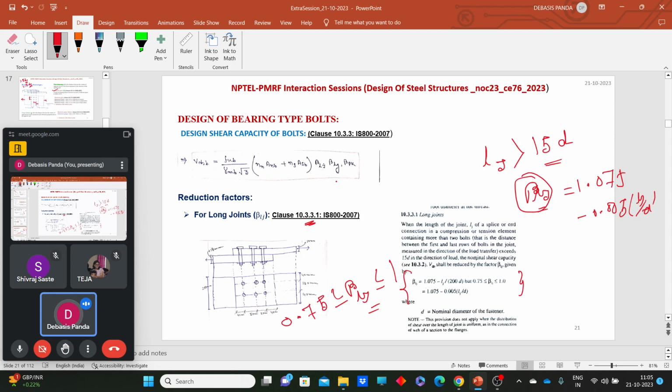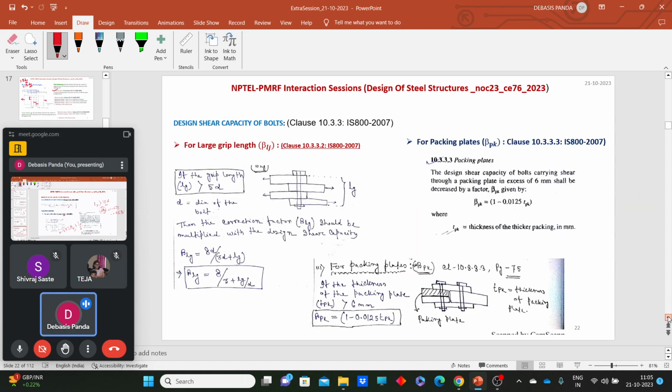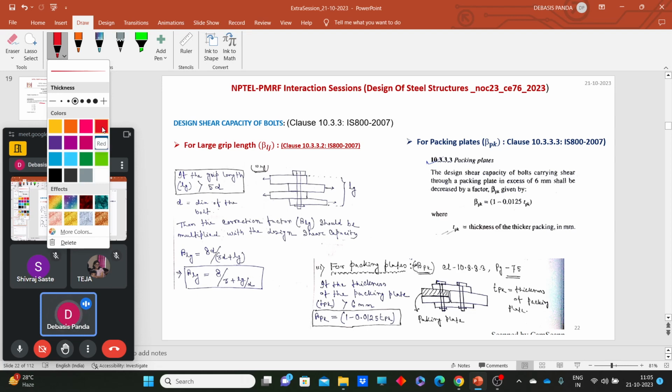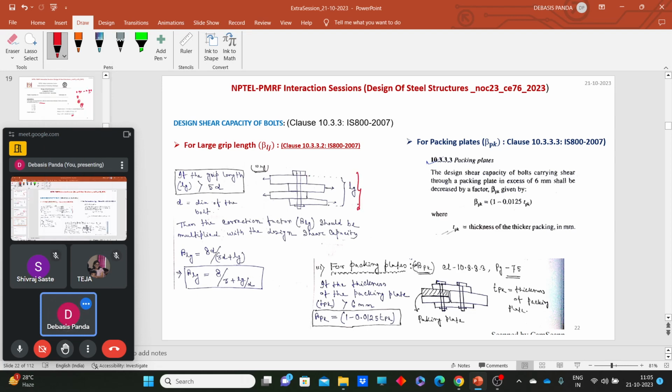Next is beta Lg, at clause 10.3.3.2. If we have a larger grip length, that means we need to add more than 2-3 plates, then we may have a larger grip length.